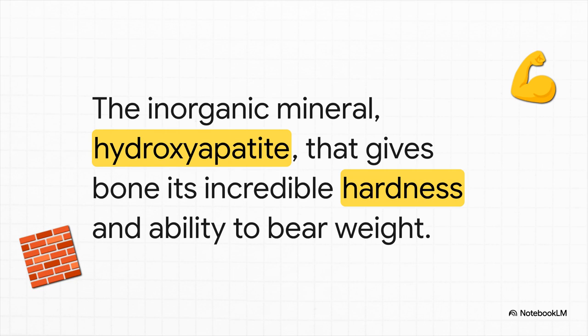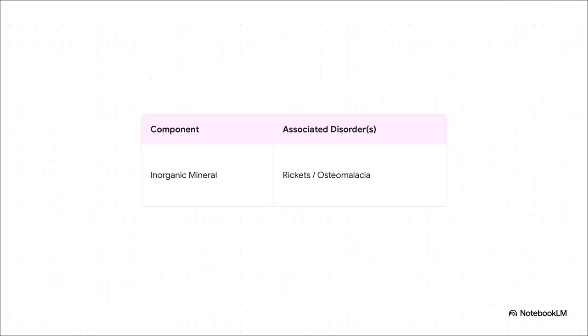Without strong bricks, the whole structure just gets soft and unstable. And when that mineralization process goes wrong, it leads directly to disorders like rickets in kids, which can cause those characteristic bowed legs, and osteomalacia in adults. The bricks are essentially soft, and you end up with weak, distorted bones.